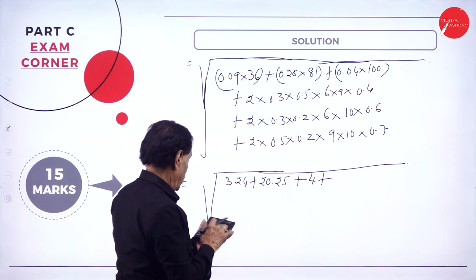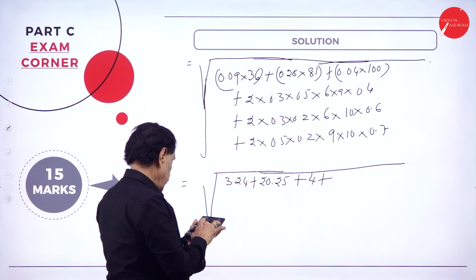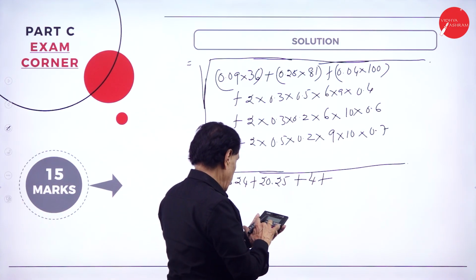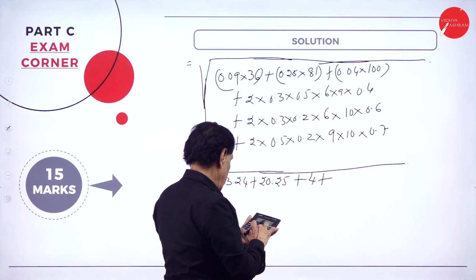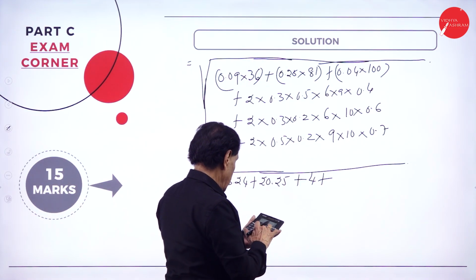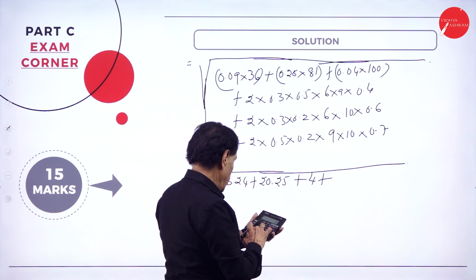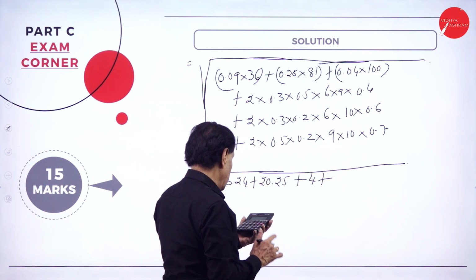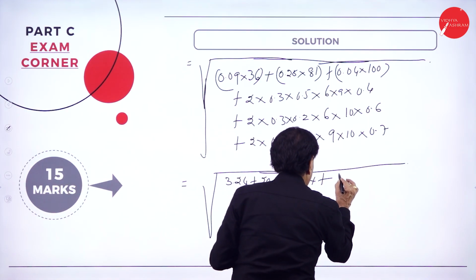Plus 2 into 0.3 into 0.5 into 6 into 9 into 0.4 is 6.48.